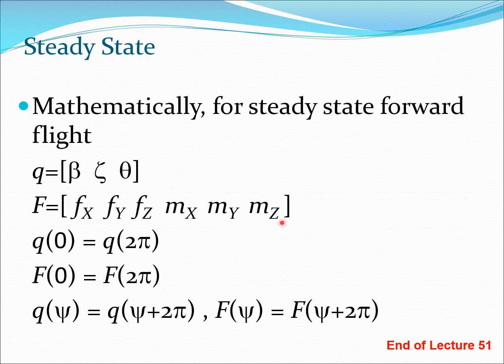So we can say that these are in the X, Y, and Z direction. There are three forces and three moments. So these are going to be functions of psi, and also they are going to be periodic. So I can write Q(0) equals Q(2 pi), F(0) equals F(2 pi) in general. And also Q(psi) is Q(psi plus 2 pi), F(psi) is F(psi plus 2 pi). Therefore, we focus on only one revolution.